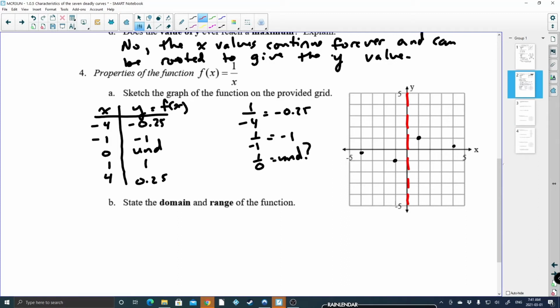That dotted line is called a vertical asymptote. Basically, a vertical asymptote is a line that the graph can never cross vertically, or you can't have a point on that line.